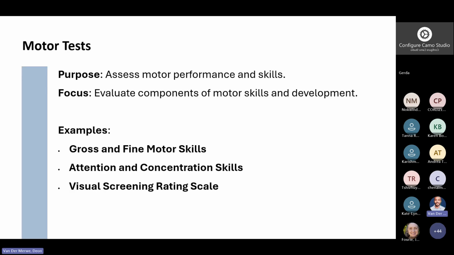And then we have the motor test that is part of the document as well.